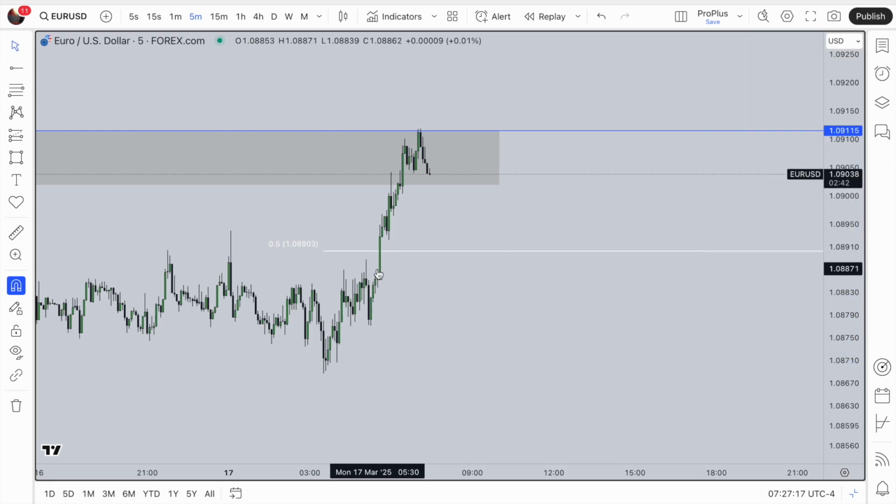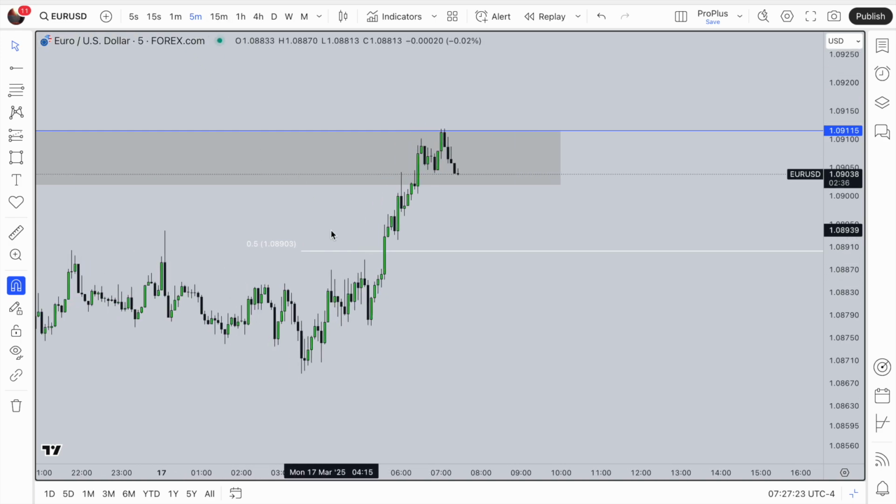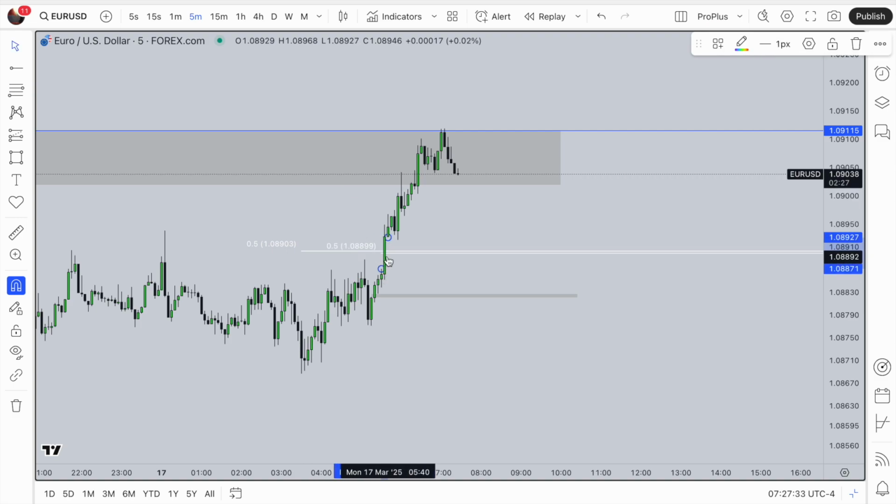So midpoint would be this BISI here. Or in a lower discount would be this BISI here. So you can actually mark out here. So it'd be the midpoint of this buy side imbalance, sell side inefficiency as the drawn liquidity. There.